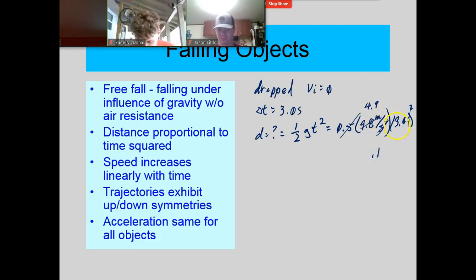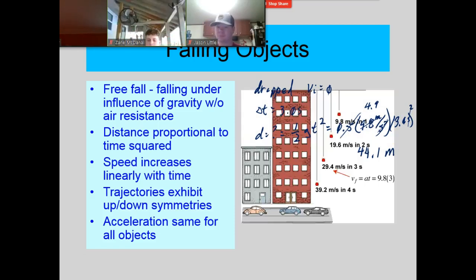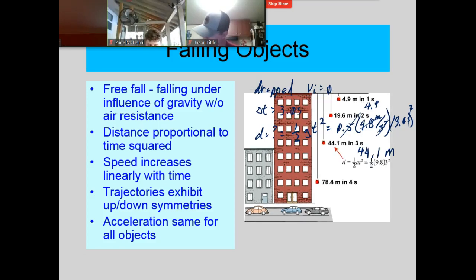Carry the 8. 9 times 4 is 36. With 8 is 44. 44.1 meters, because your square seconds canceled out. So that's what we got. And that was the same thing we saw here. This one.